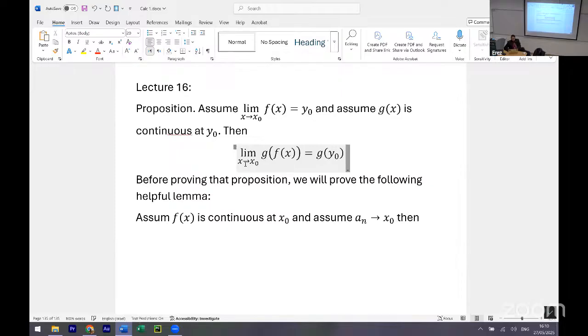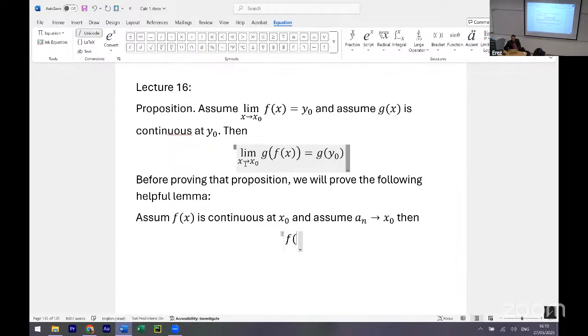Then f of an, what will be the limit of f of an? Not x0, exactly. f of x0.